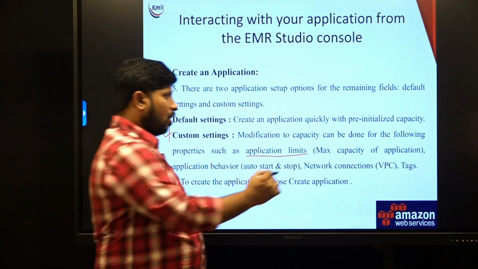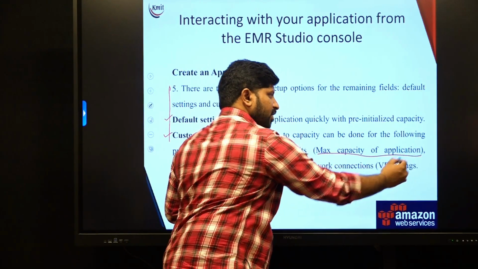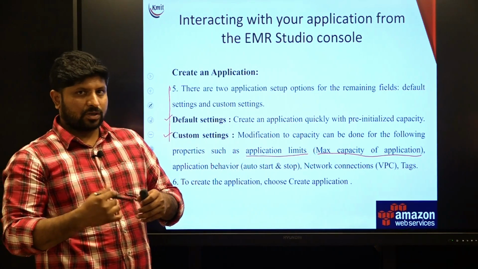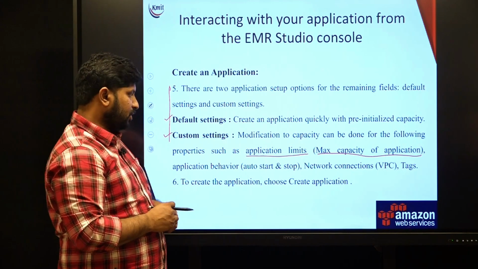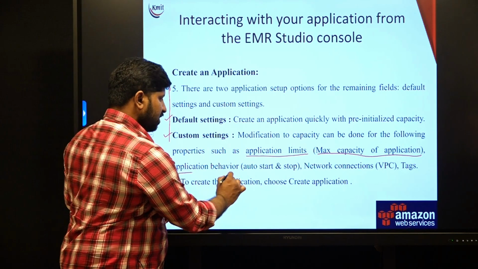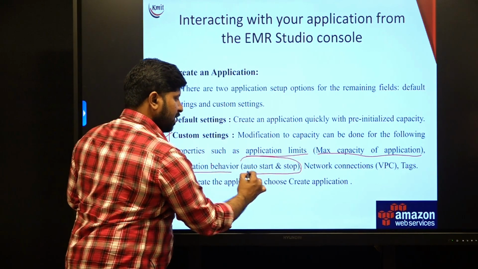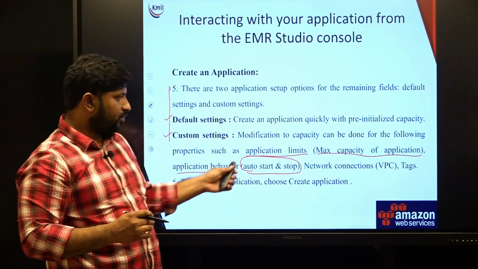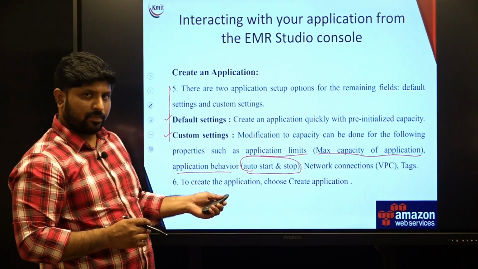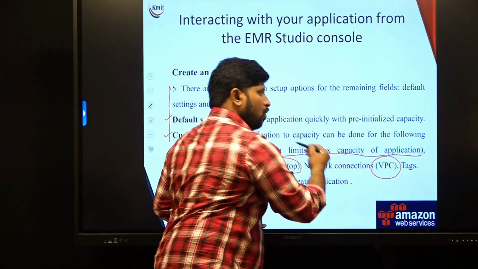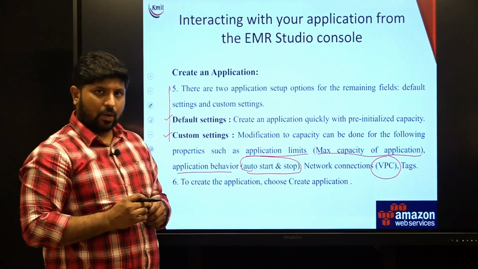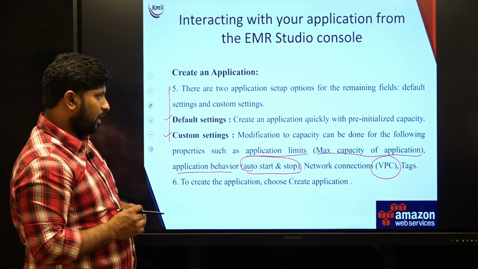It means the maximum capacity of an application, or what sort of resources need to be allocated at max to an application. Or else you can change the application behavior, which comes with auto start and stop, which we are going to deal with in further slides, as well as your virtual private cloud, that also we are going to deal with.